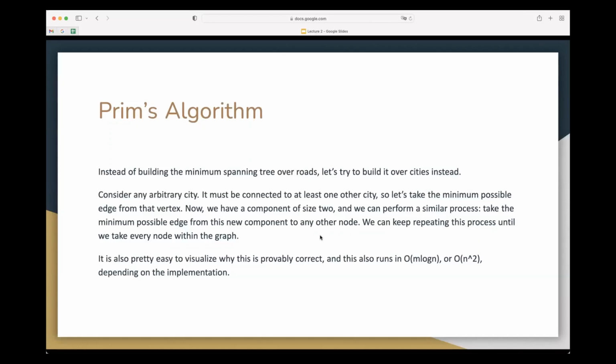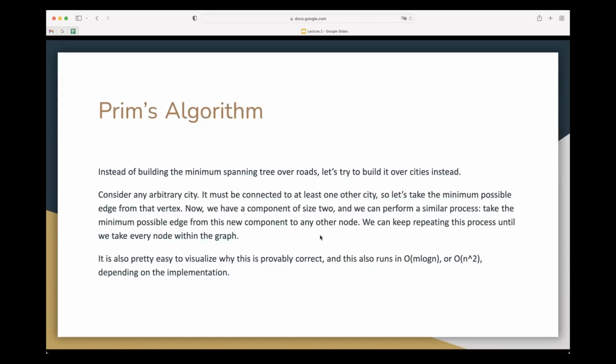So Prim's is a pretty interesting way to compute the minimum spanning tree, in the sense that instead of using roads to figure out which roads, we're using cities to figure out which roads to take.